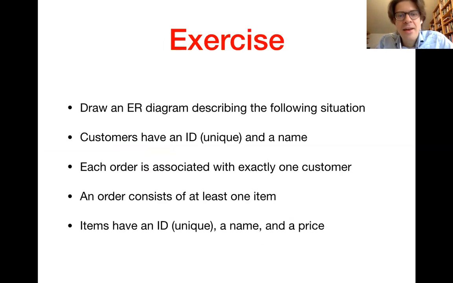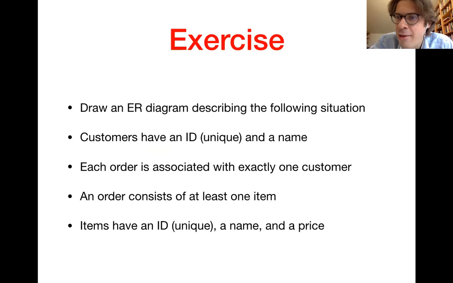All right. Now, in order to get the hang of it a little bit, I wanted to make a little exercise. I give you a couple of minutes. Try to draw an entity relationship diagram which describes the following situation. We are modeling customers that have a unique ID and a name. We have orders that are associated with customers, and each order consists of at least one item.